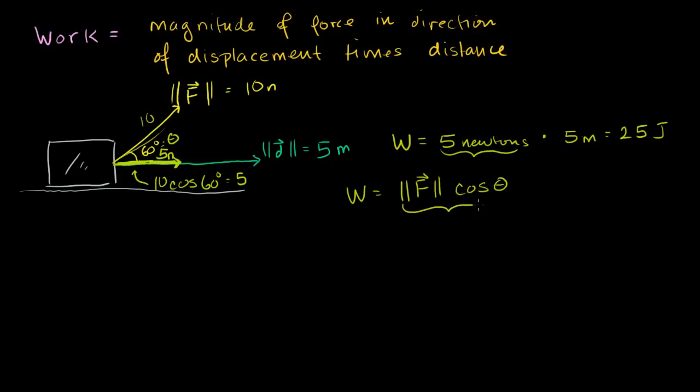This is the amount of my force in the direction of the displacement, the cosine of the angle between them, times the magnitude of the displacement. Or if I wanted to rewrite that, I could just write it as the magnitude of the displacement times the magnitude of the force times the cosine of theta.